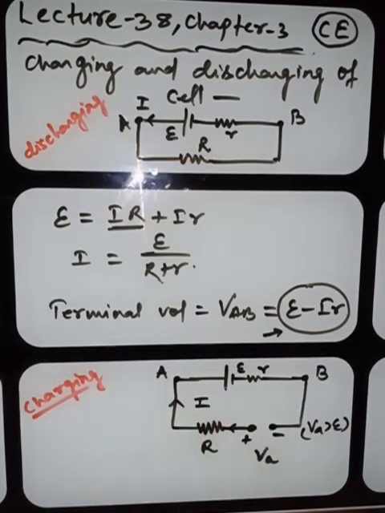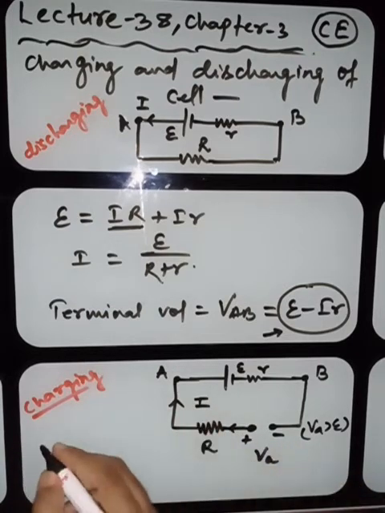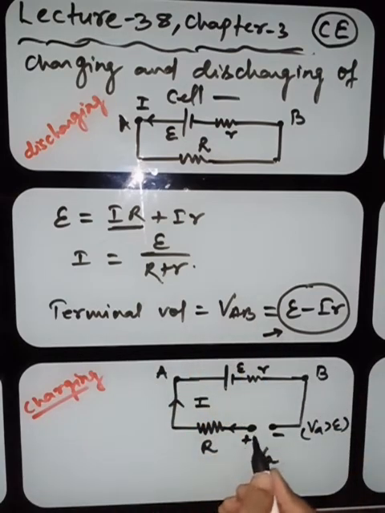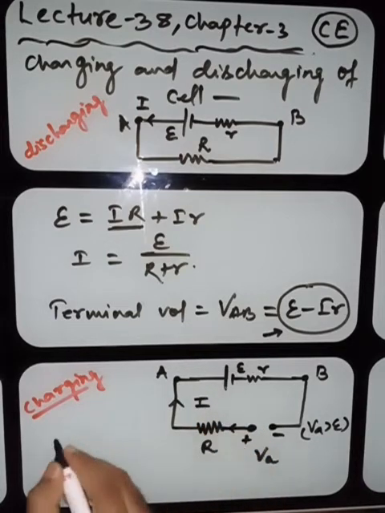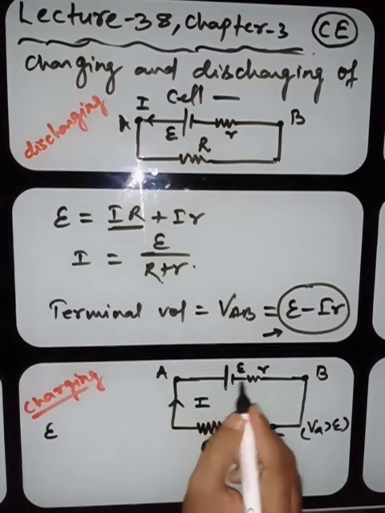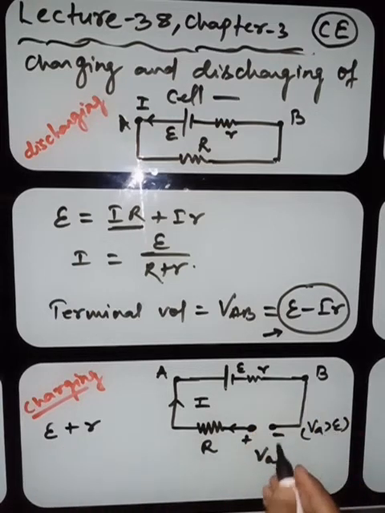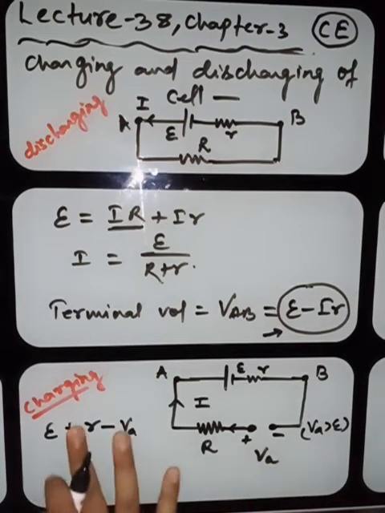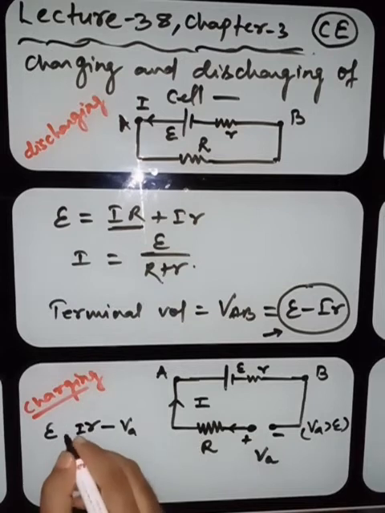And here we can write the equation using Kirchhoff's law. Student, we can write here using Kirchhoff's law. If you are moving here, you get the positive terminal, so plus E, then minus terminal, minus VA, and then sorry, here we left I r, it was the plus, no?